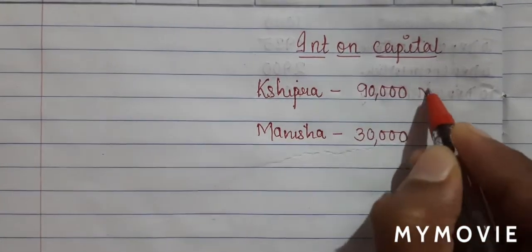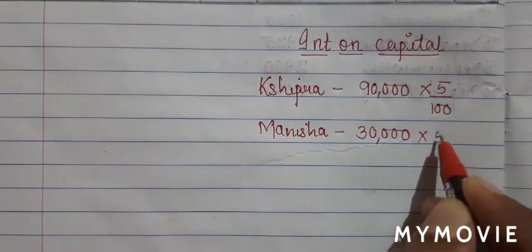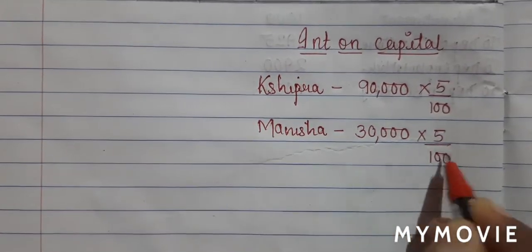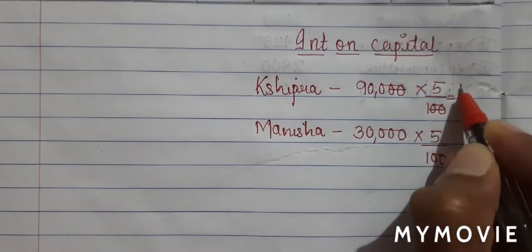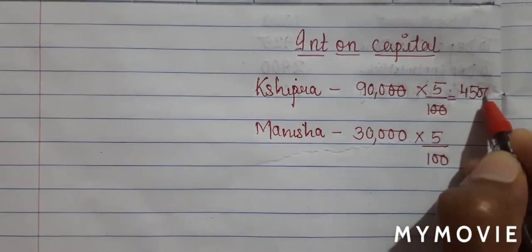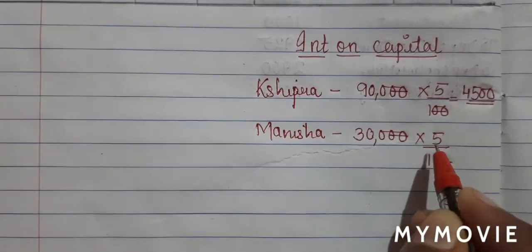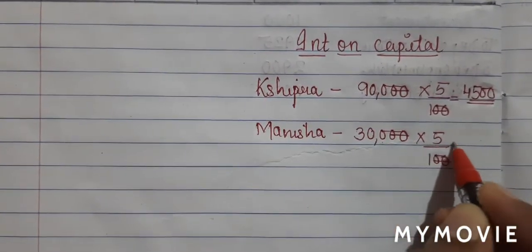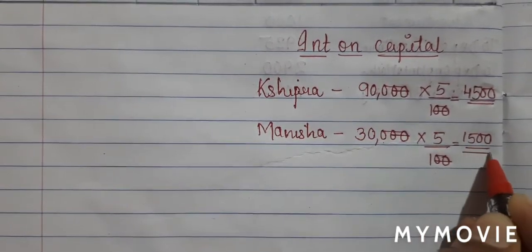Now on this, we are supposed to calculate 5%. So let us do 5% calculation. So 20 gets cancelled, 20 gets cancelled. 9 5s are 45, so 4,500. 20 cancel, 20 cancel. 300 into 5, that is 1,500. This is my interest on capital.